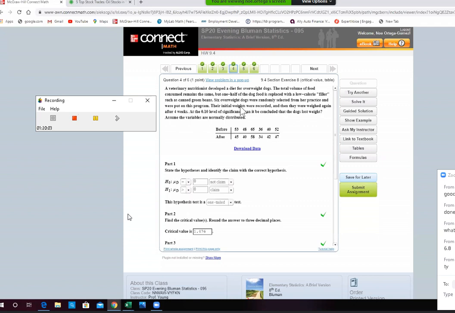So, for example, this one asks, for the last sentence, at the 0.1 level of significance, can it be concluded that the dog lost weight? Right, so they're saying that the after is less than the before. So that really means that the before is greater than the after. So it's a little bit tricky.